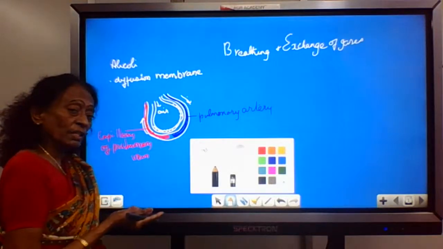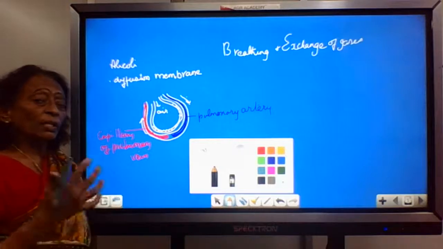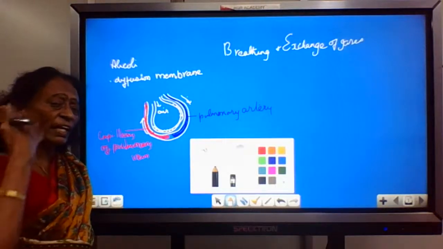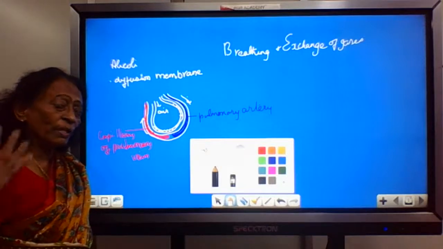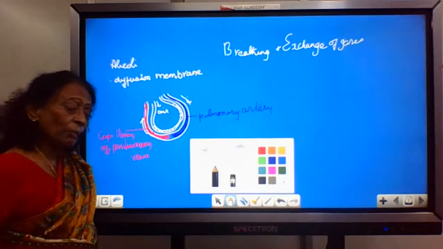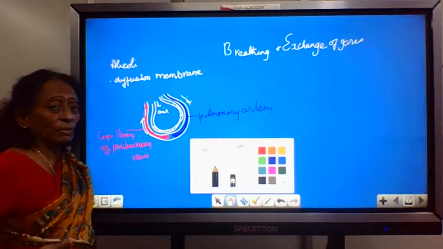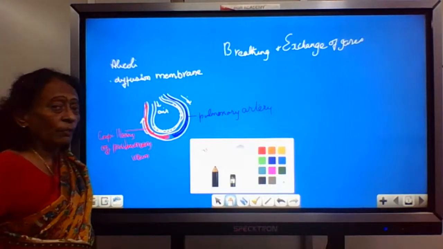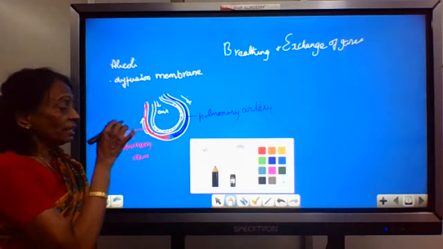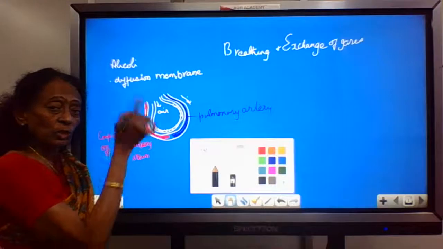What is systemic circulation? Blood goes out of the heart and supplies the upper and lower parts of the body. The upper part is head, neck, and upper limb. The lower part is below the neck, up to the toe. So the veins bring the impure blood from the upper and lower parts of your body. But the pulmonary vein is an exception because it takes the blood from the lungs to the heart.